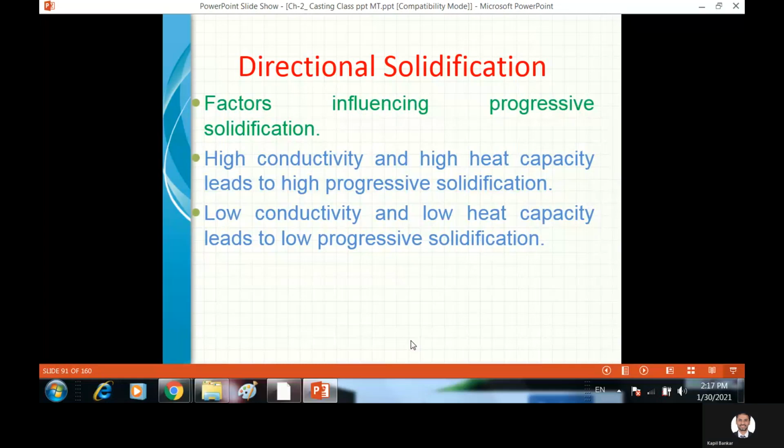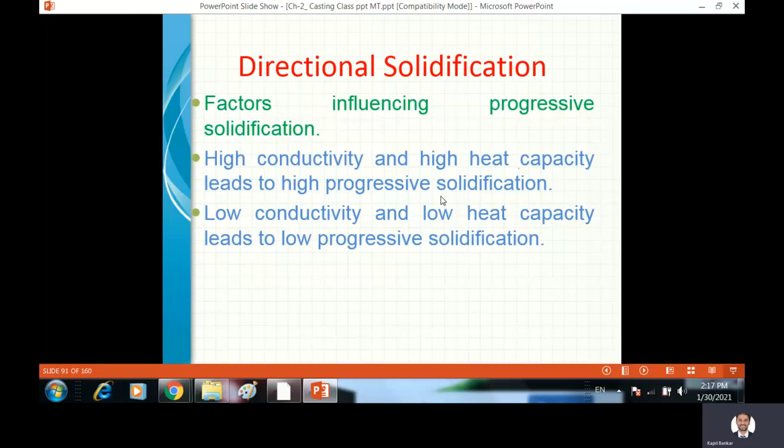Another influencing factor is high conductivity. High conductivity and high heat capacity lead to high progressive solidification. Why? Because when high conductivity is there, more temperature will be lost, and more temperature loss means faster solidification.